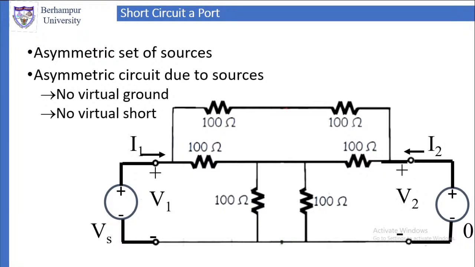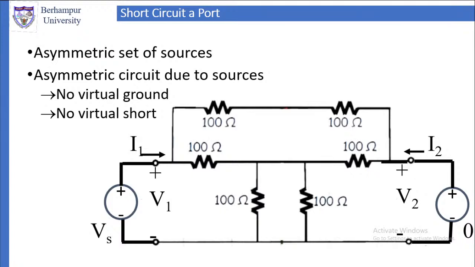Now let us start with the analysis for finding the Y parameters, or the admittance parameters. What we will do is short circuit one of the ports. Let us short circuit port 2.